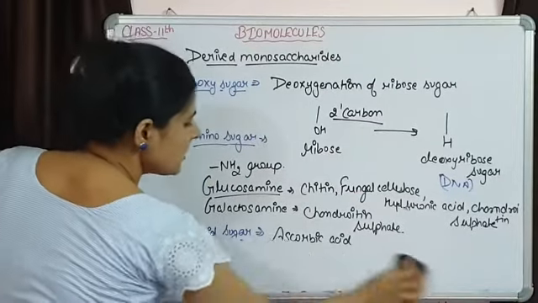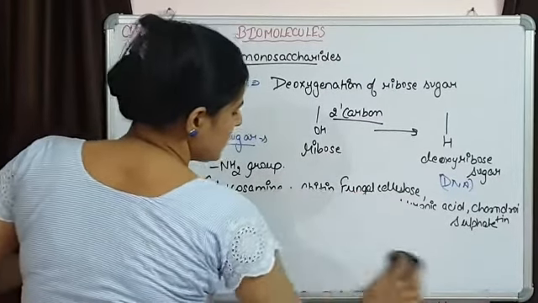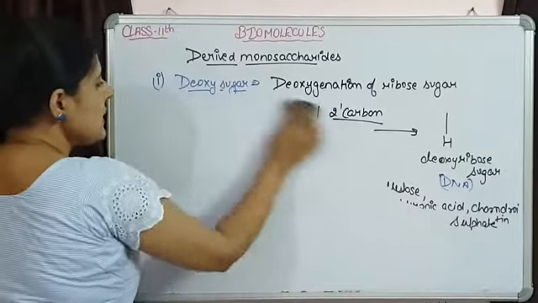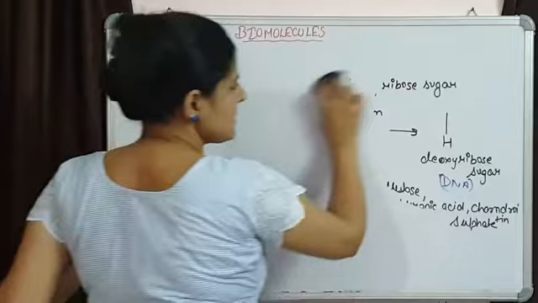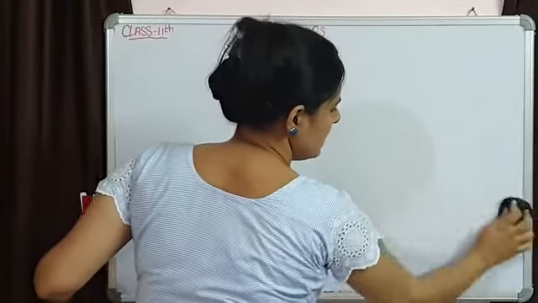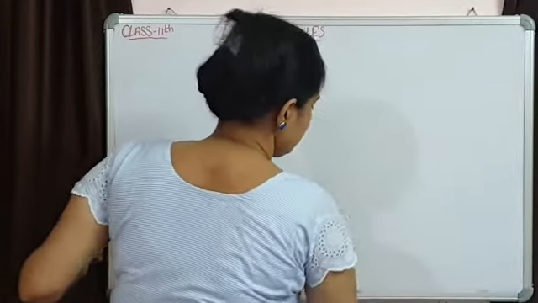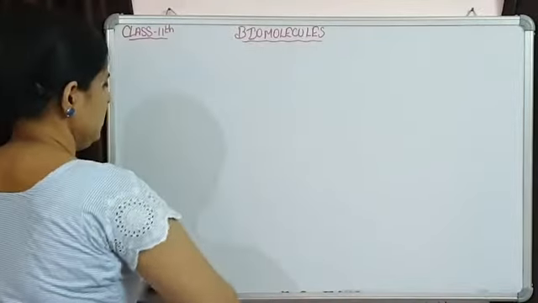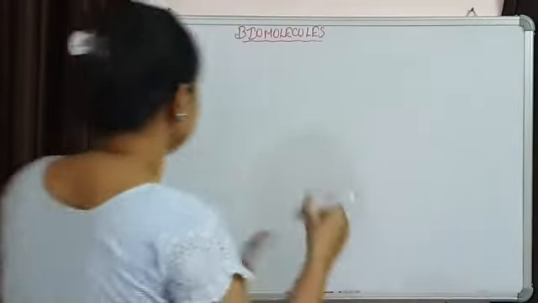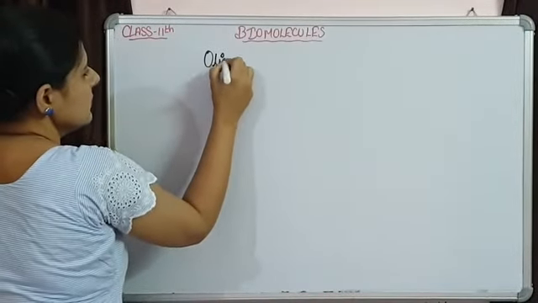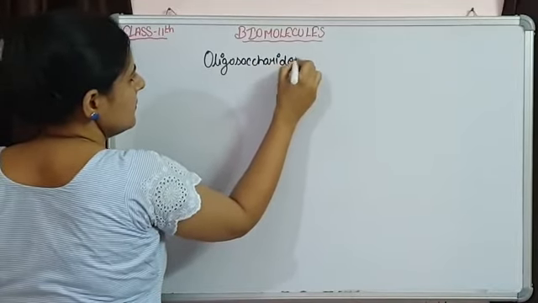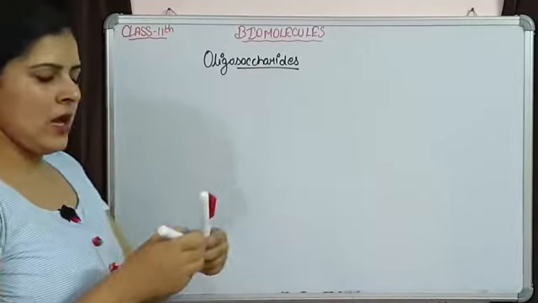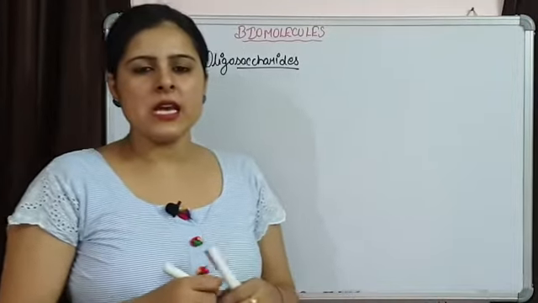Now the third topic is our oligosaccharides. Here we are talking about small carbohydrates. How are these oligosaccharides formed?